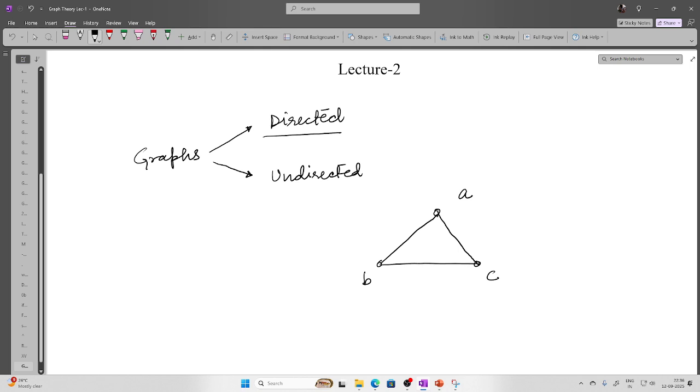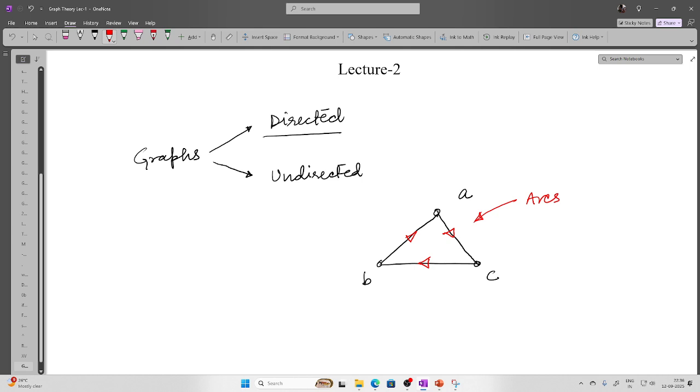What is the difference? Now the difference lies here. In this case, these edges are basically having arrows on it, and these edges are called as, though it is an edge, but as arrows are present, so they are also called as arcs.